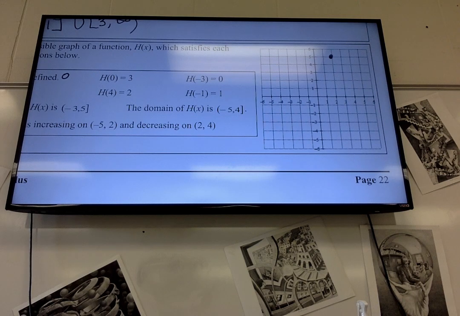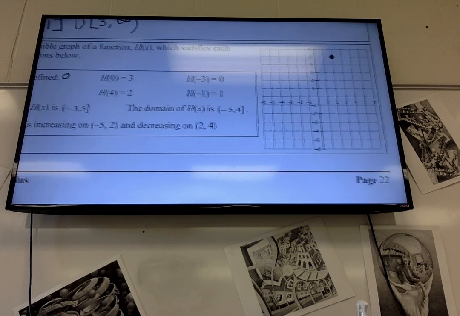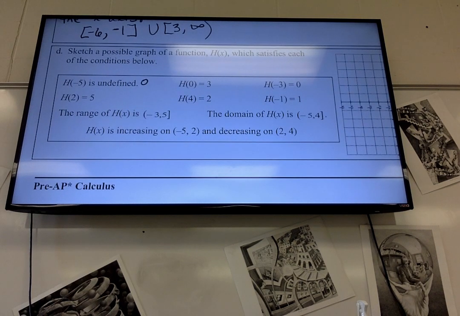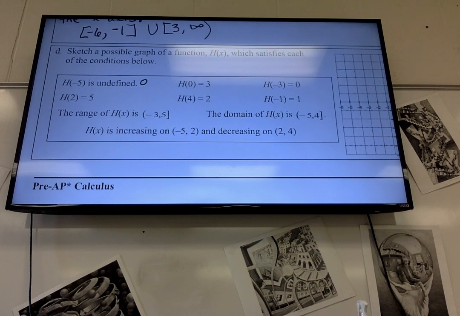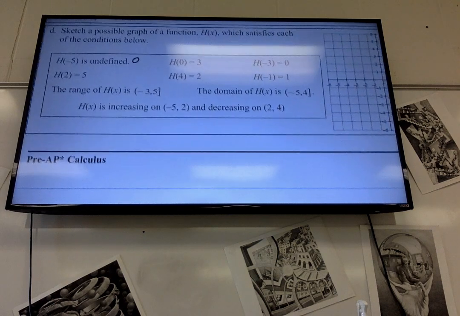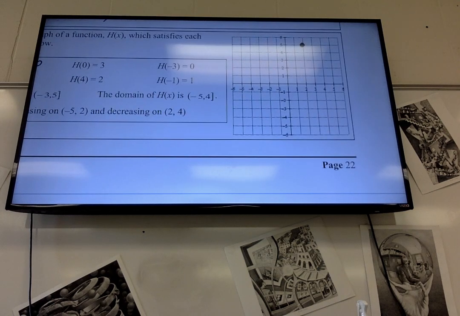There's a point there. The range of h of x is from negative 3 to 5. So it cannot go below here, and it cannot go above here. It can include here, but it cannot include negative 3.